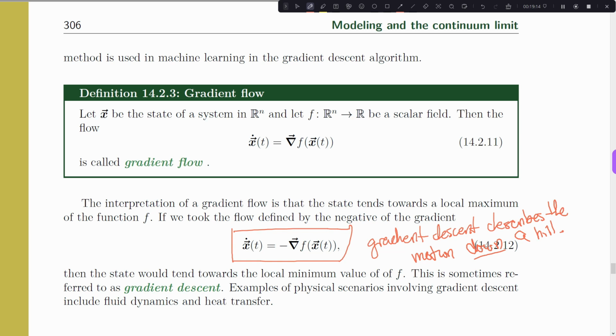And the motion down a hill is incredibly important in all sorts of mathematics because it lets us minimize things. If I drop a ball on a hill and wait, it finds a minimum. That's the number one reason why we care about these gradient descent algorithms, is that if I drop a ball on a hill and wait long enough, I don't necessarily know how long I have to wait because I don't necessarily know how big the hill is.